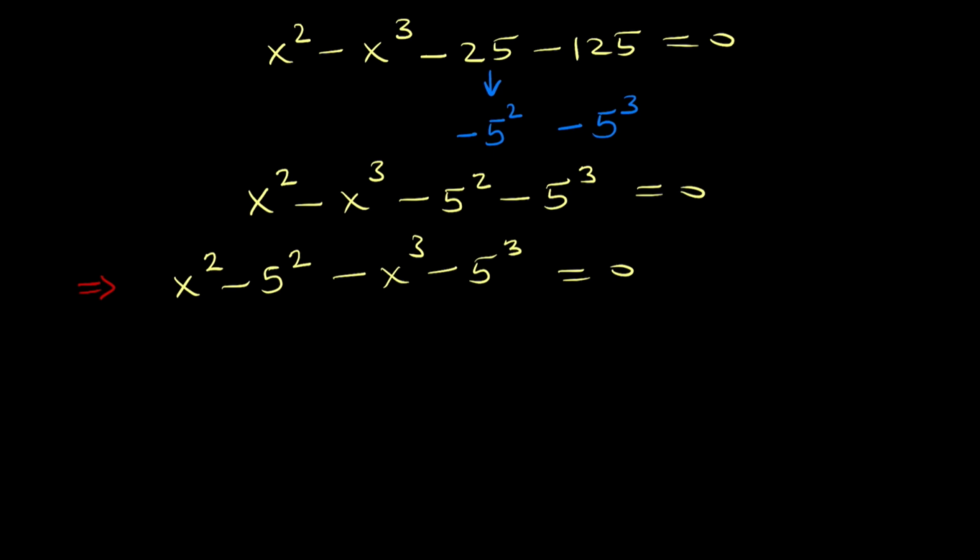The reason we have done this is so that we can factorize each of these groups, this one, and then the last two. So for the first one, this is difference of two squares and can be factorized as x minus 5 times x plus 5, then minus the second one.